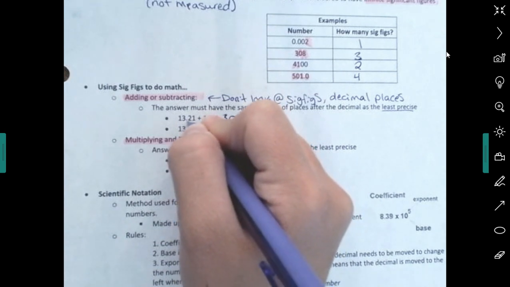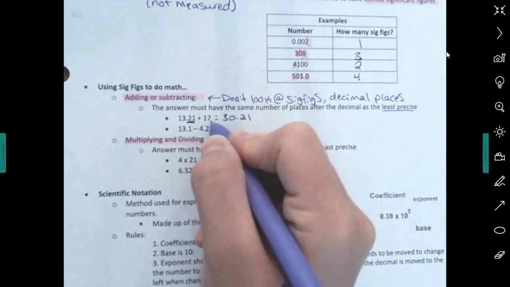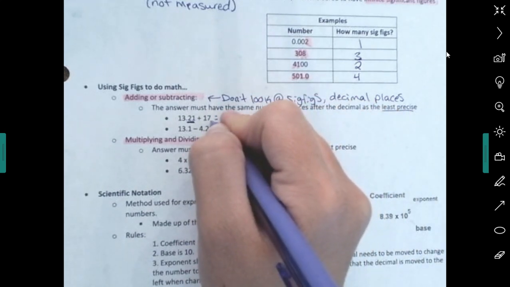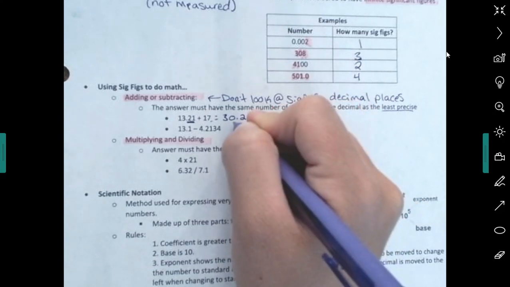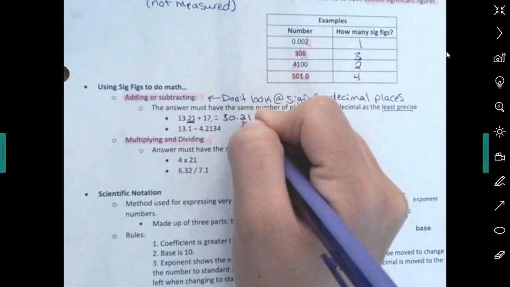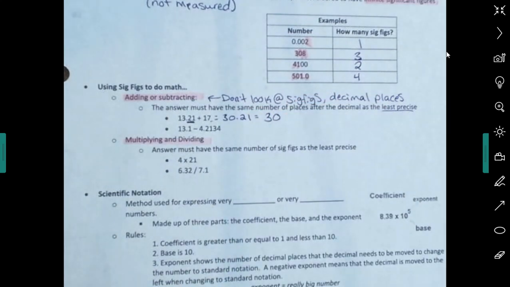This has 2 numbers after the decimal. This has no numbers after the decimal because there's no decimal. Therefore, I have to go with the least precise because this has no numbers after the decimal. This one can have no numbers after the decimal. So this is a 2. Because it's less than 5, it's not going to bump this up. So I would just round that to 30 and just leave it like that. Okay.